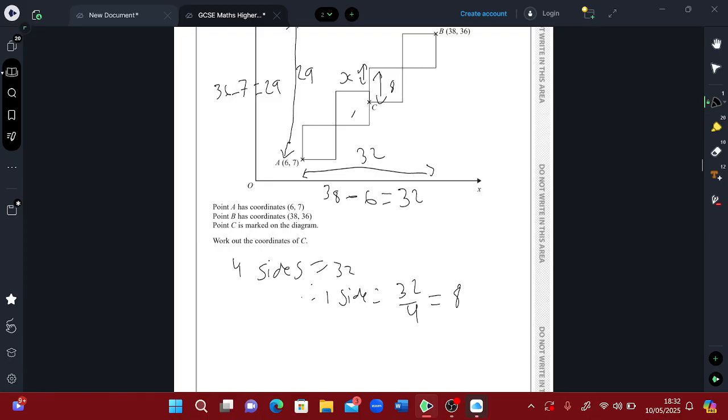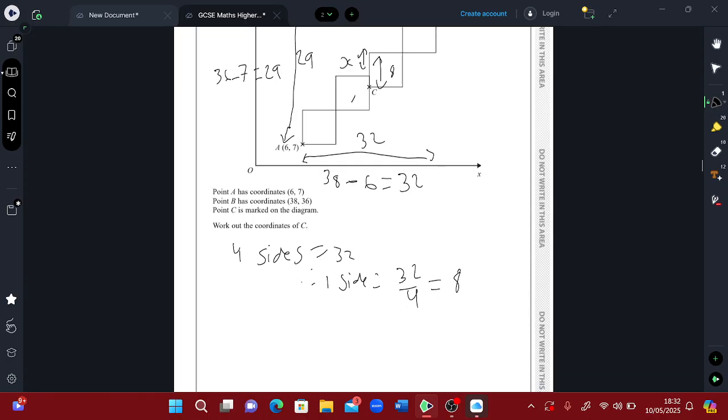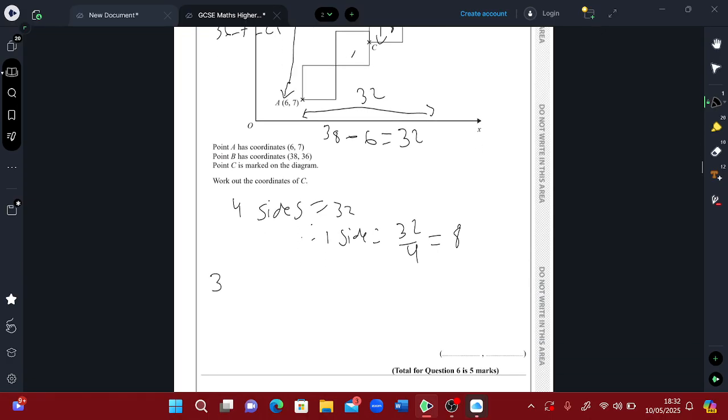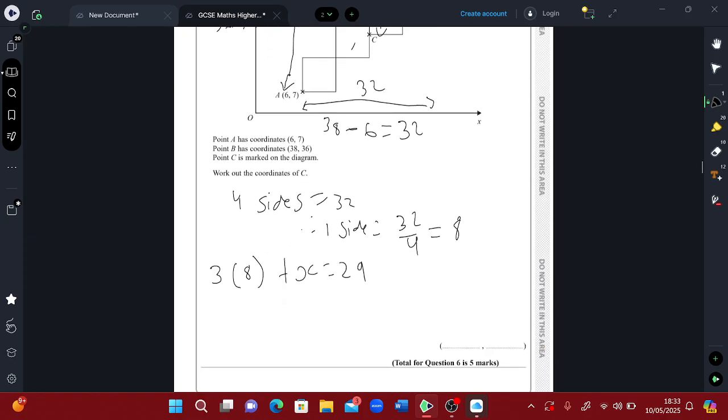So we know that there's 1, 2, x, and then 3. 3 sides and an x. And each side is 8 plus x. We know, as we've seen here, it's 29. That's the change in the y values. So then we can solve for the x.